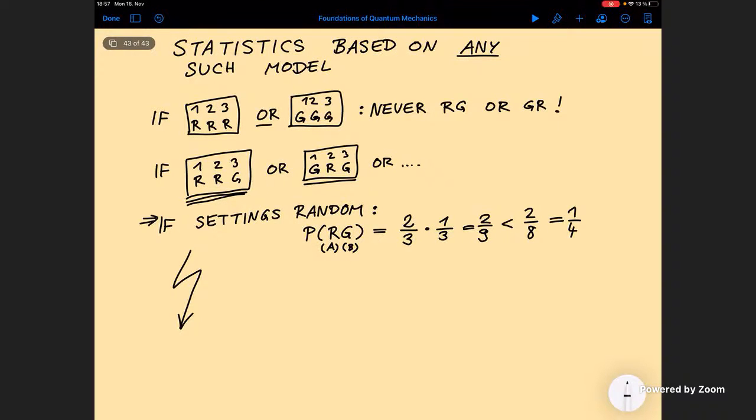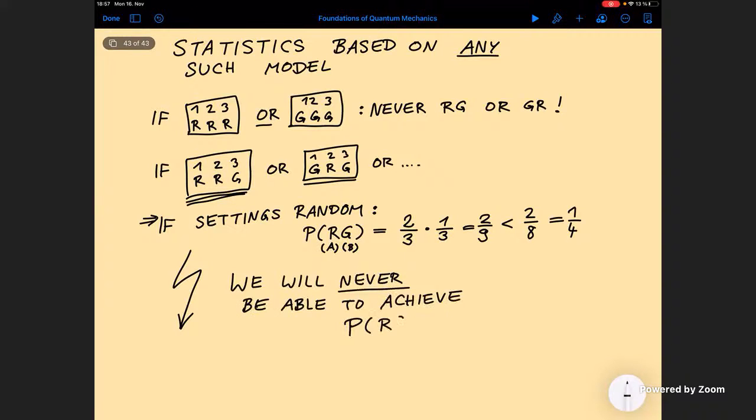In other words, every color combination came out to be 1/4. So we will never be able to achieve this, regardless of how we choose our objects, which tables are being observed, because either we are still less than 1/4, namely 2/9, or when the tables are of this sort and we choose the settings randomly, we precisely get 0.